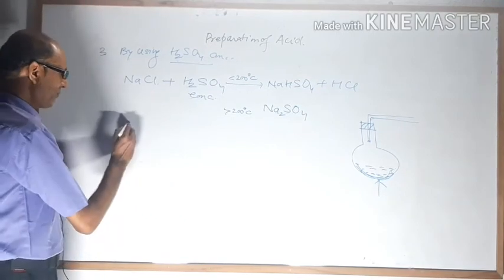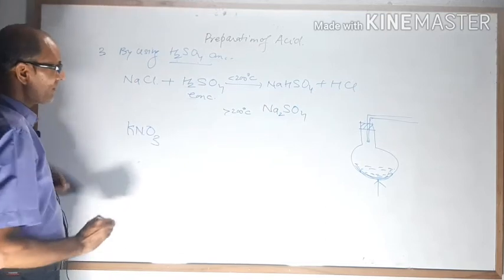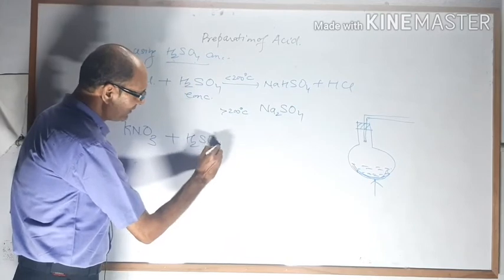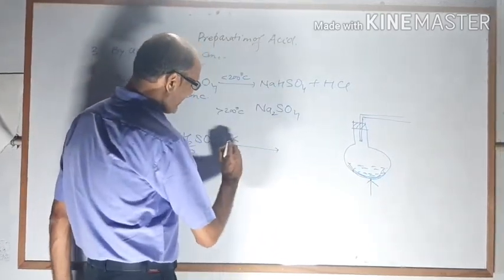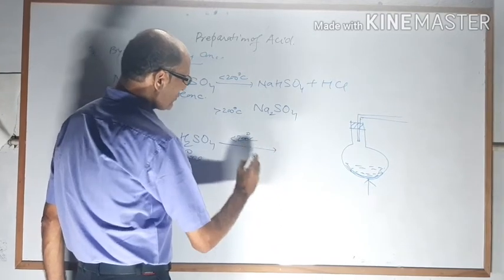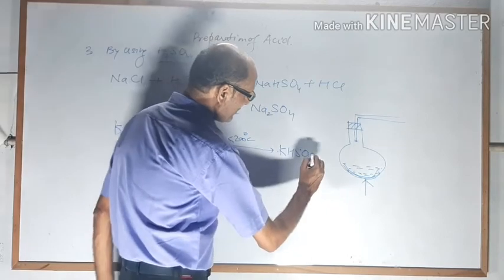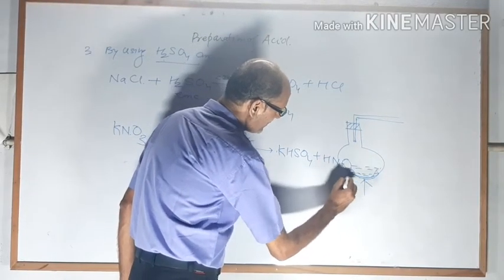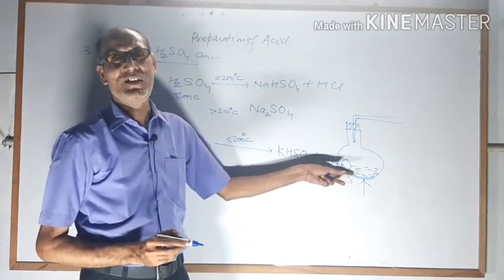I am taking potassium nitrate, KNO3. When it reacts with concentrated H2SO4 at less than 200 degrees Celsius, you will get KHSO4 plus HNO3. I think this is clear, dear student.